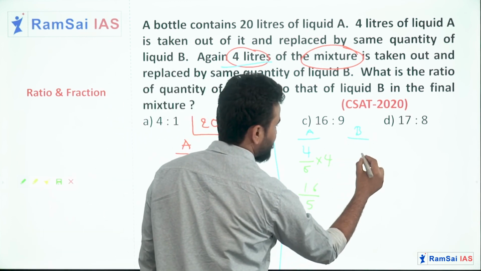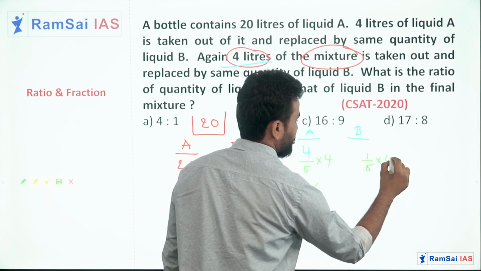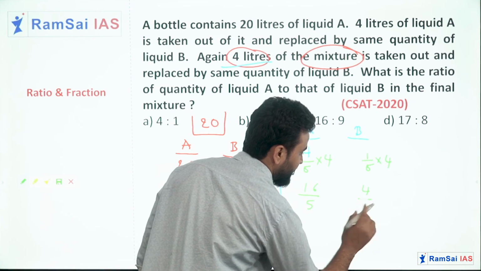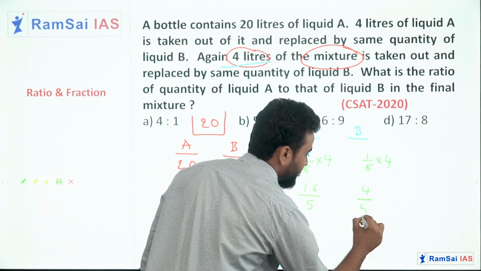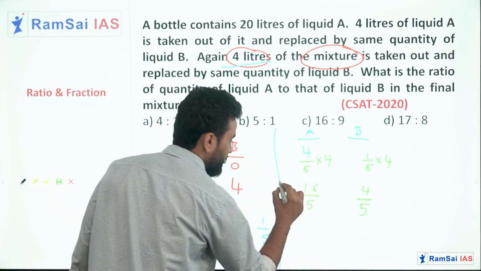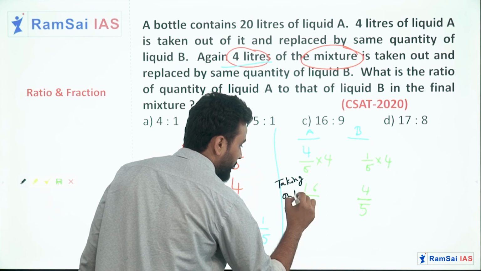Similarly, when it comes to B, 1 by 5 of 4, so 4 by 5 liters will come out. This is the amount of liquid we are taking out. I will write it here, taking out.